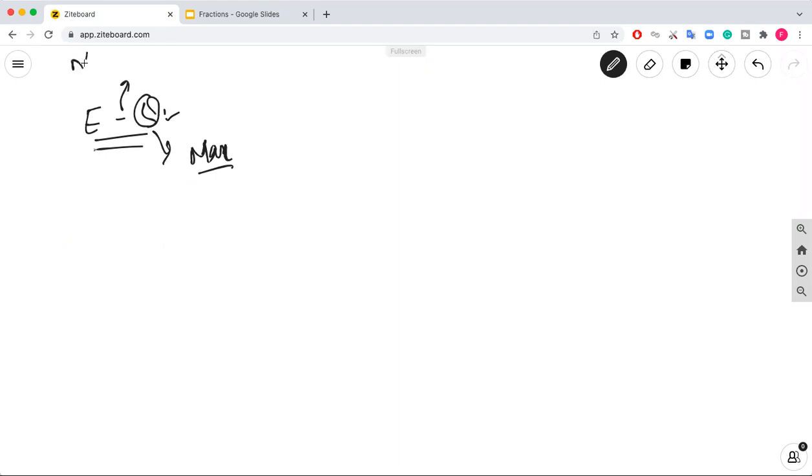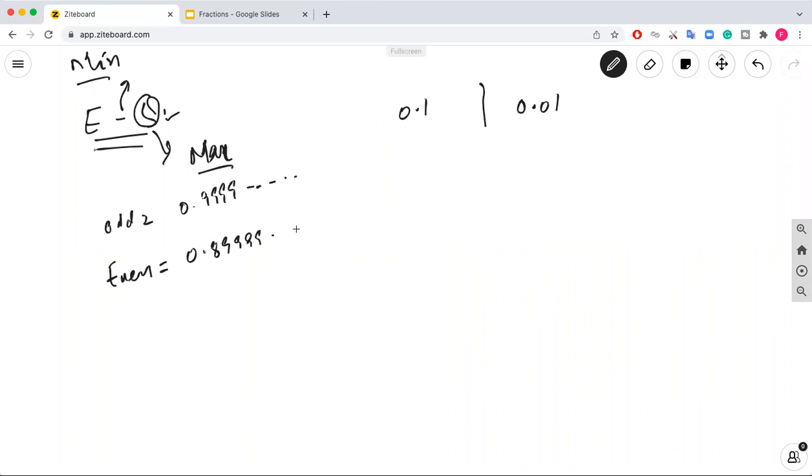So for getting a minimum value, we have to maximize S. So what will you take for odd and for even? For odd we will take something like 0.9999, and for even around 0.8999. I'm just trying to maximize the values of odd and even.